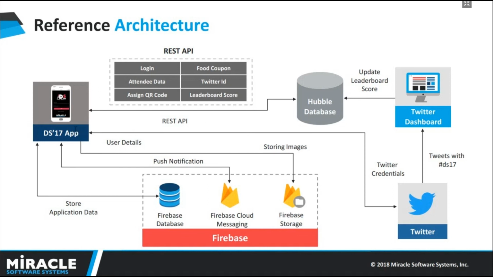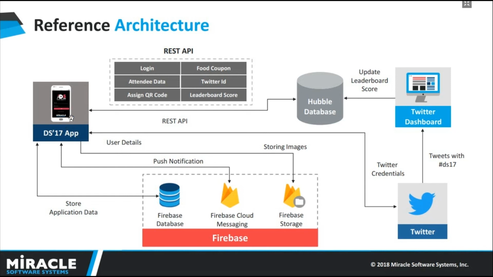So in the DS17, to connect to the Twitter account, the user needs to enter his or her Twitter credentials. After the credentials are authenticated, if it is successful, we get the user details. Along with the user details like first name, last name and the image of the user, we get the Twitter ID, which is unique for each and every user.